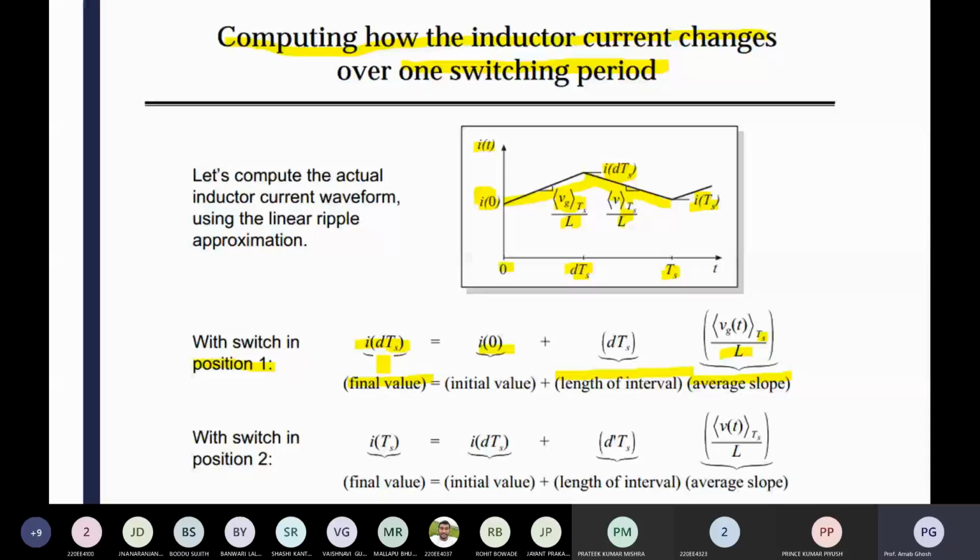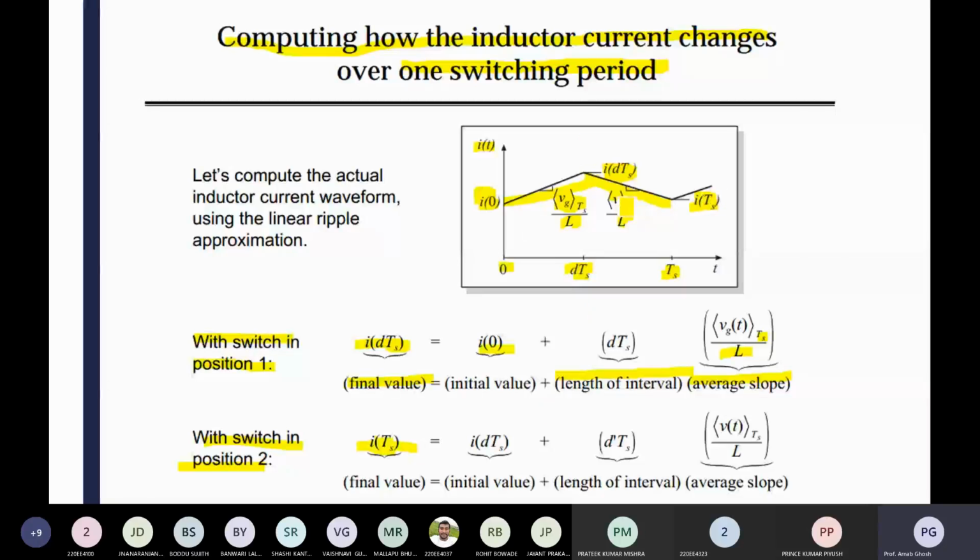So second condition, for when the switch is in position 2. Here you have written switch is position 1, switch is position 2. So what is that formula? Y equal to again mx plus c. What is your y? Y will be I(Ts), that is your final value of current. What is your m?